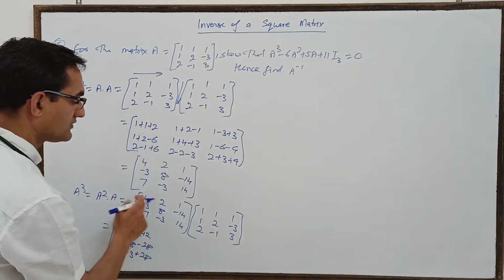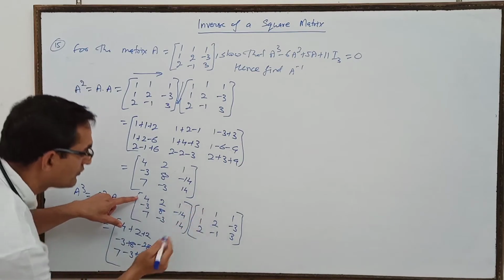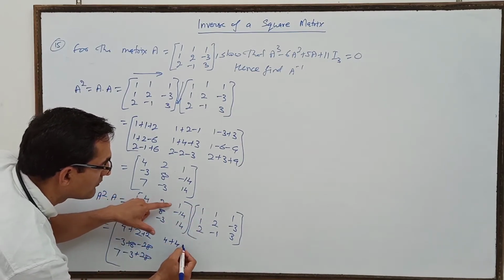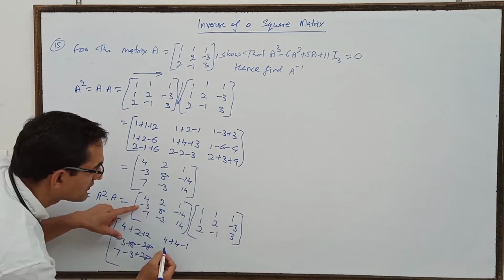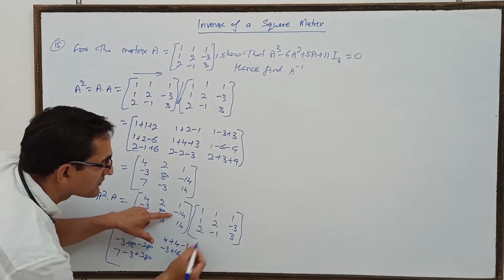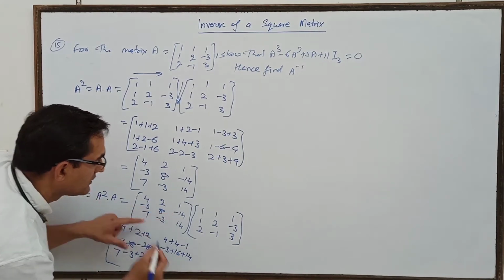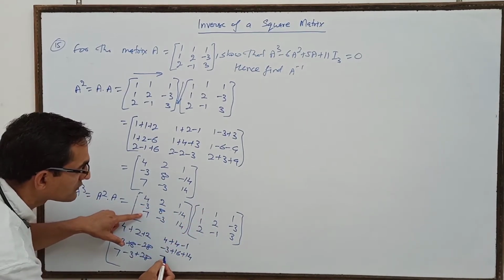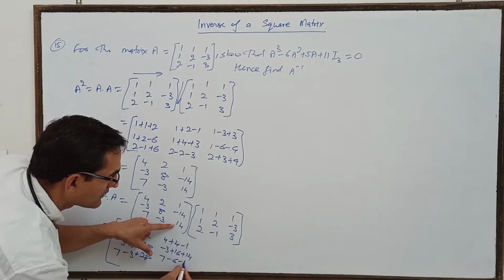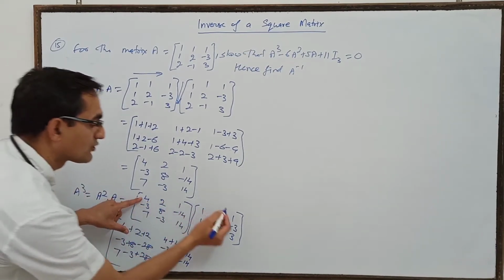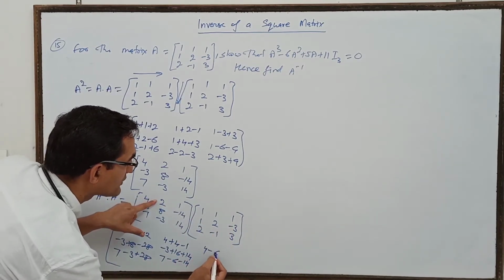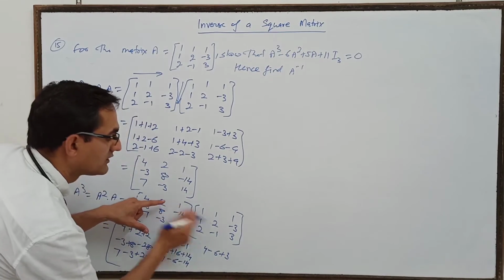Now for this one, this row and this column, 4 into 1, 4 plus 4 minus 1, so minus 3 plus 8 twos are 16, minus minus plus 40. This row by this column, so 7 minus 6 and minus 14. This row by this column, 4 into 1, 4 minus 6 plus 3.